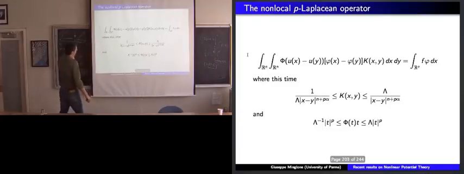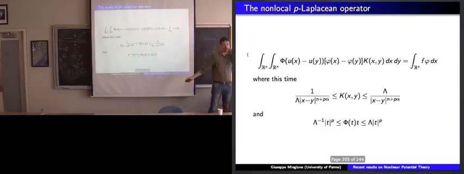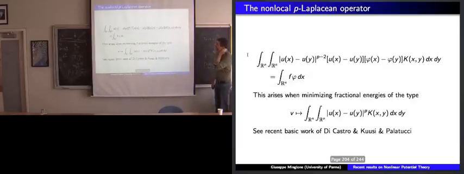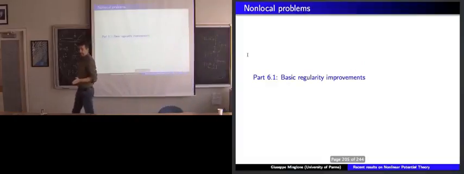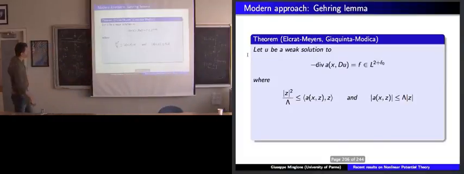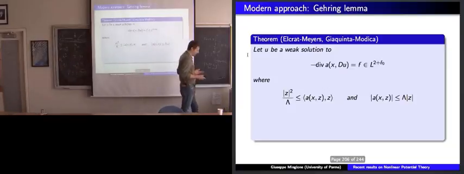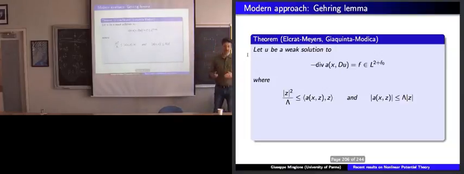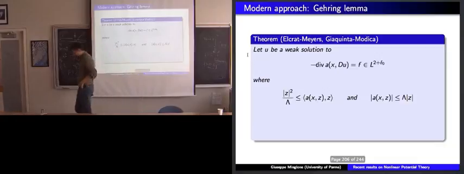Okay, and now today I would like to present a few analogs of the nonlinear potential theory that are known for these operators. Okay, basic regularity improvements, and this is a joint work with Yannick and Tuomo Kuusi, and Tuomo is really one central figure in this p-fractional nonlinear stuff, because he's working really a lot on this, having very nice results.